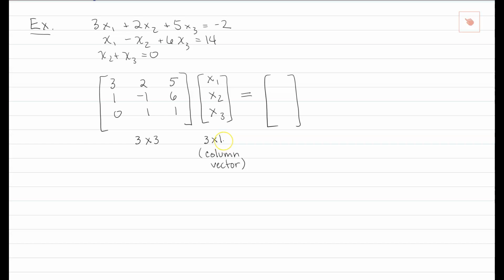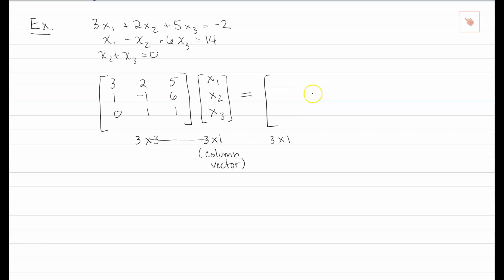We know that the resultant matrix is going to be, in this case, 3 by 1, right? And then we know we have 3 rows, 1 column, and we need to fill in the blanks. To get the first entry, row 1, column 1, we're going to use row 1 over here and column 1 over here. There's only 1 column here.